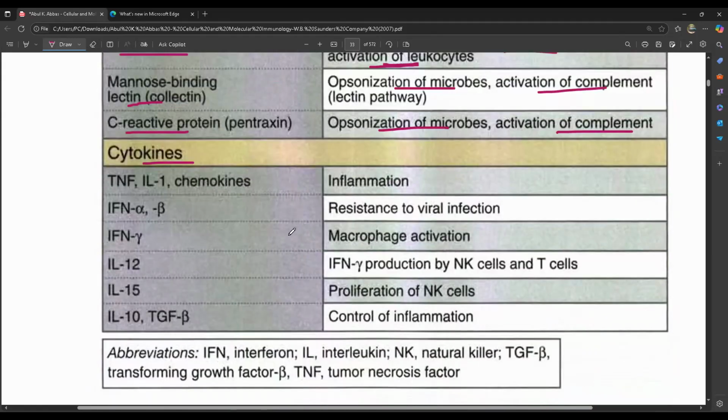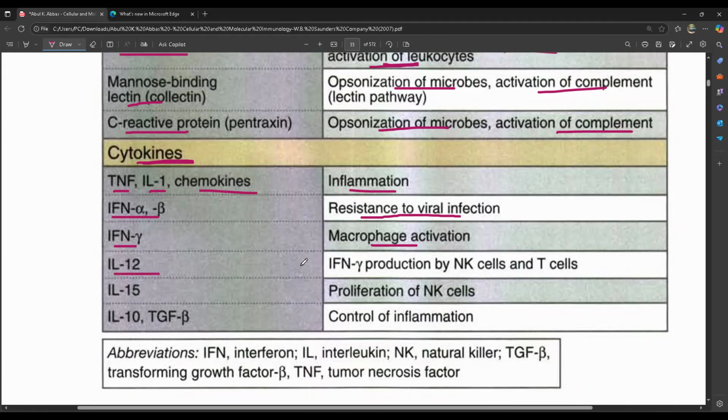Then we come to the cytokines. Cytokines are signaling molecules which take signals from one cell to another. Tumor necrosis factor, interleukin-1, and chemokines help in inflammation. Interferon alpha and beta help to develop resistance to viral infection, and interferon gamma helps in macrophage activation.